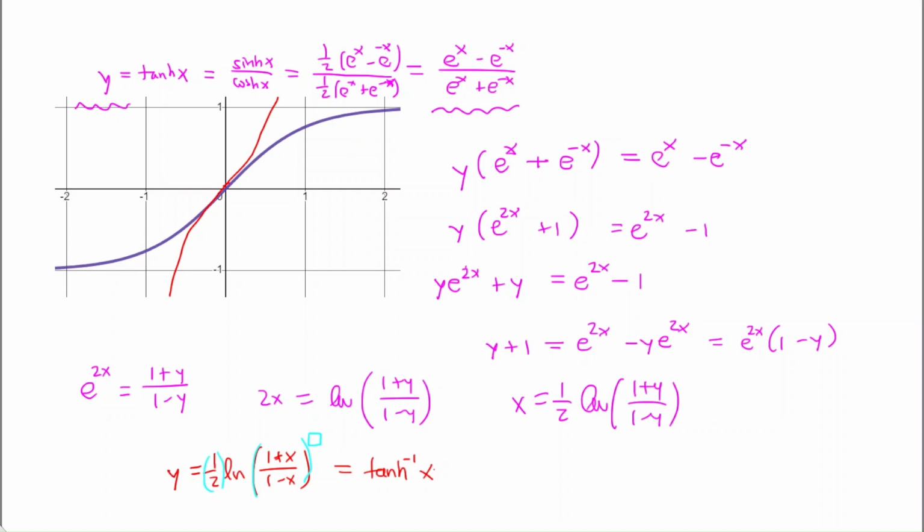So those are the three main hyperbolic functions. There are three others. In fact, I'm sure you already know the names of them by now: hyperbolic secant, hyperbolic cosecant, hyperbolic cotangent.